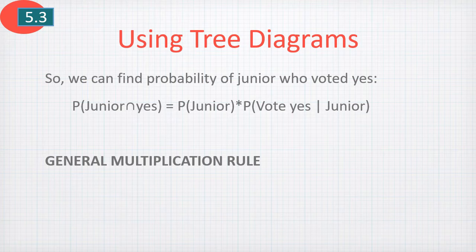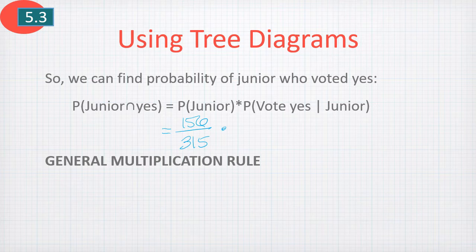So here's looking at it another way, but with notation. I showed you how we do it on the tree, but this is essentially what we do with notation. To find the probability of junior and yes, I multiply that times the probability of being a junior, okay? Well, that is 156 over 315 based on our chart.